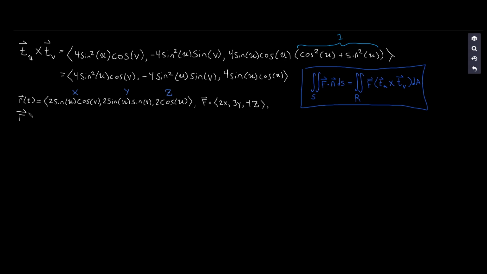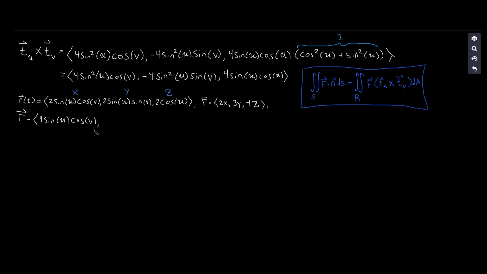We could say vector f equals, for the x coordinate, 4 times sine of u, because 2 times 2 is 4, and then replace x with sine of u times cosine of v. So 4 times sine of u times cosine of v.